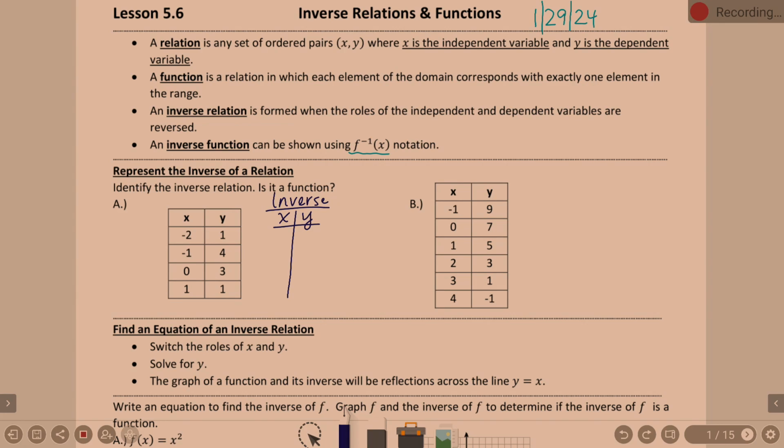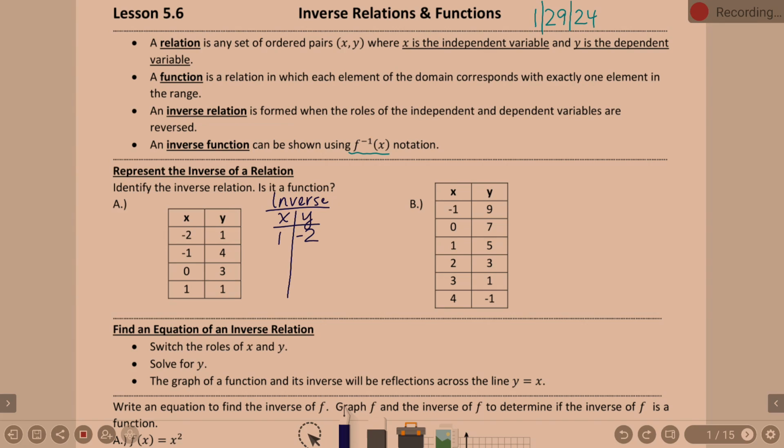Based on the definition up above, what do we think the inverse is? Okay, instead of negative 2, 1, we're going to say 1, negative 2.